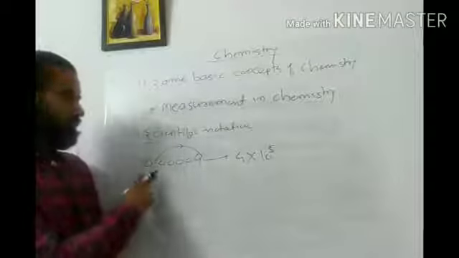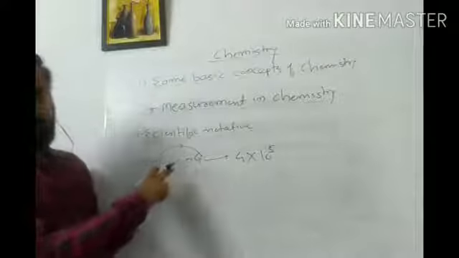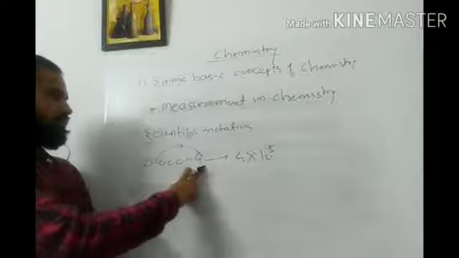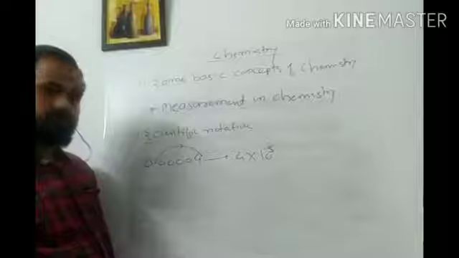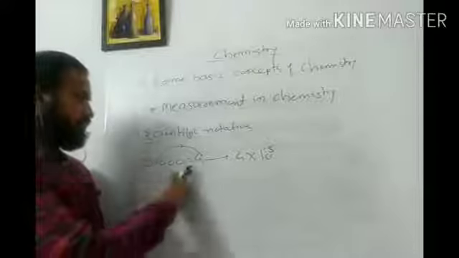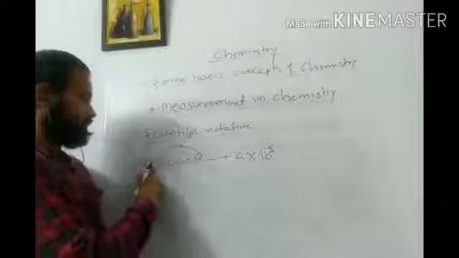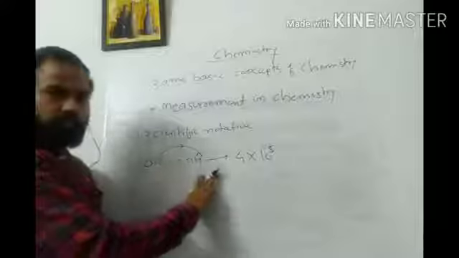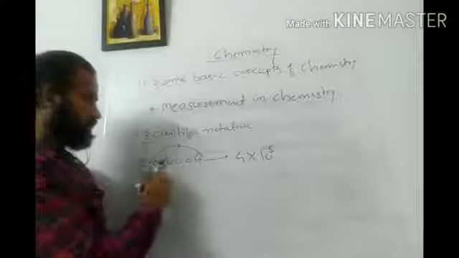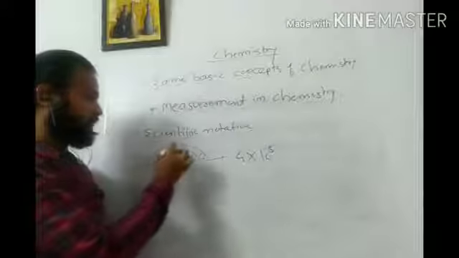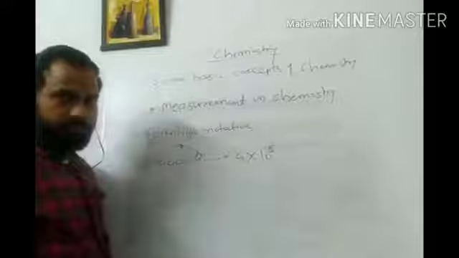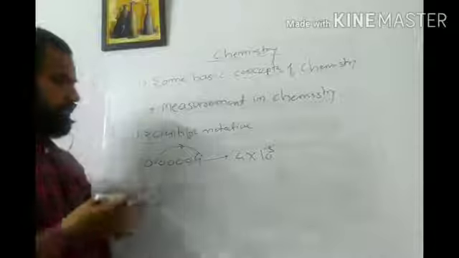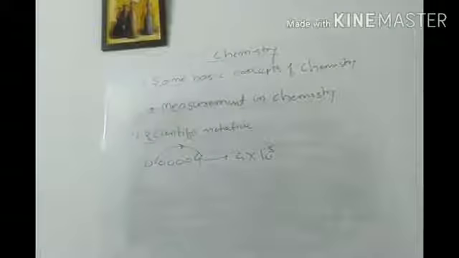Anything shifted towards the right, I have to subtract from the power. So 4 into 10 raised to minus 5 means 0.00004. If I shift the point from left to right, I have to subtract from the power.